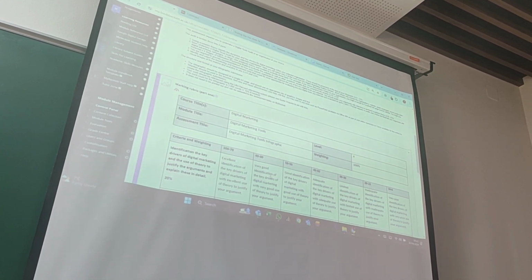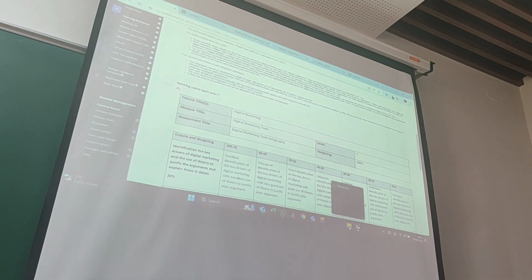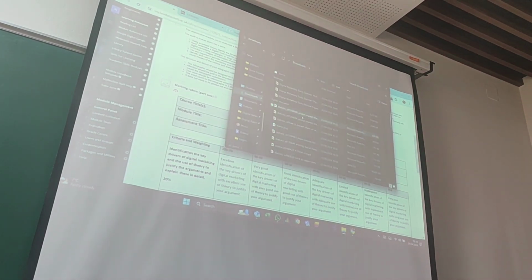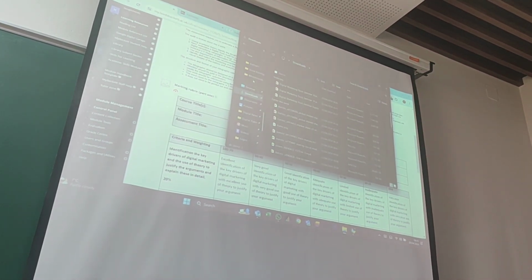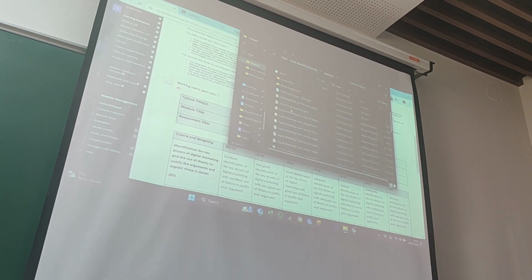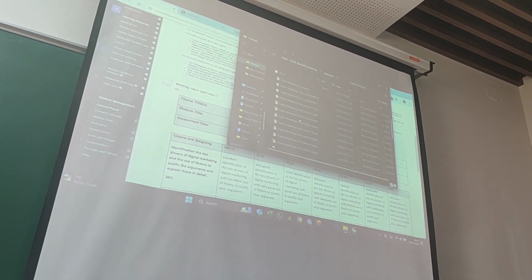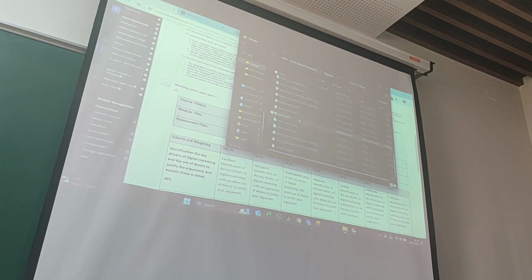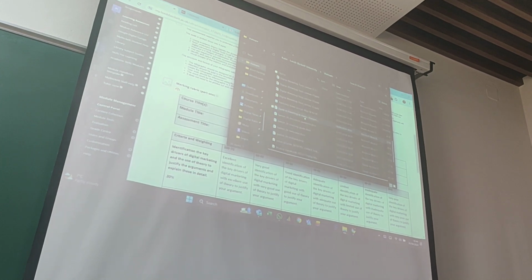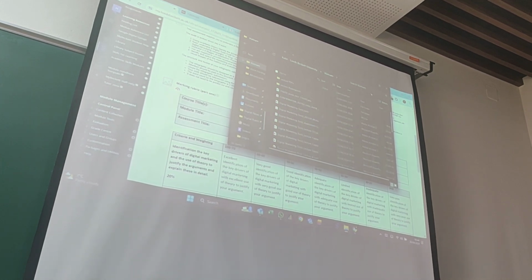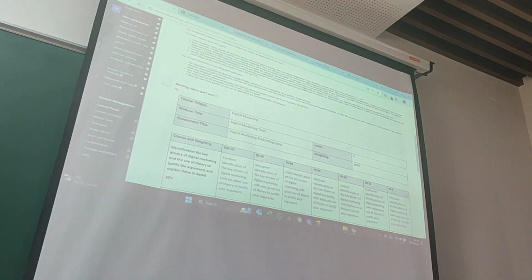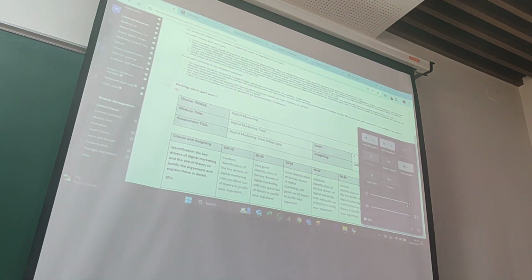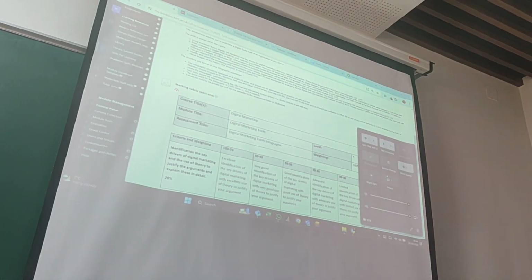Okay, I'm going to open up the example that I showed. I'm just going to find that file, which was supposed to be in this place.